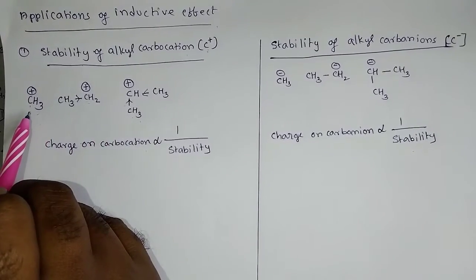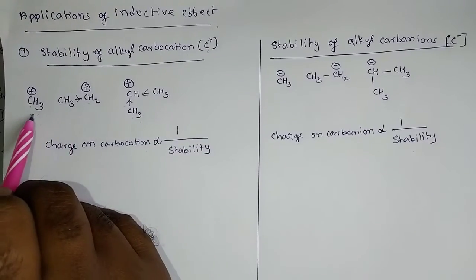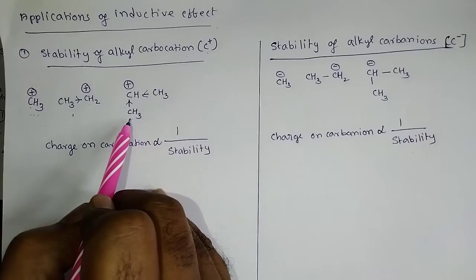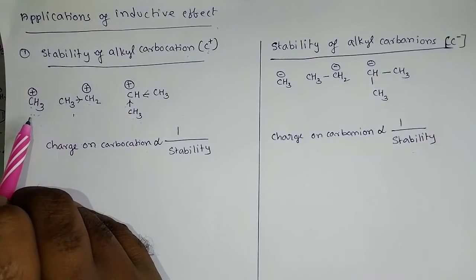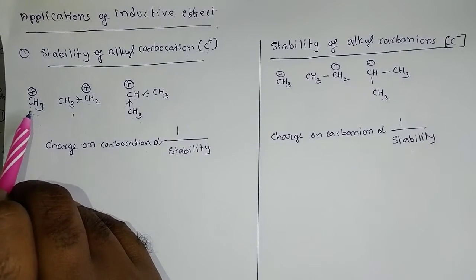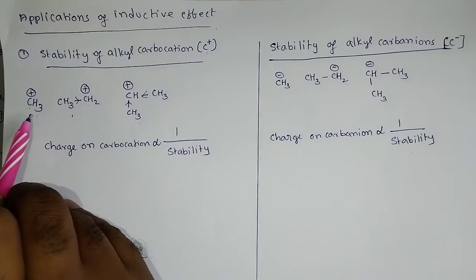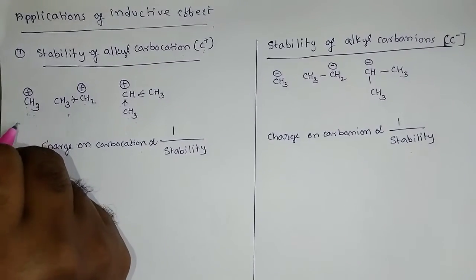Yes, the first one, followed by this one, then this one. More charge means less stable. This one has more positive charge, that's why it becomes less stable. Less stable means more reactive.